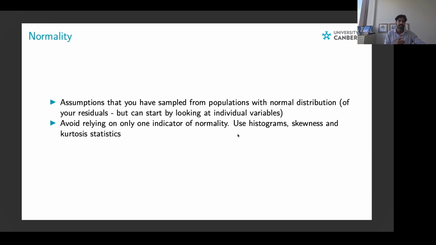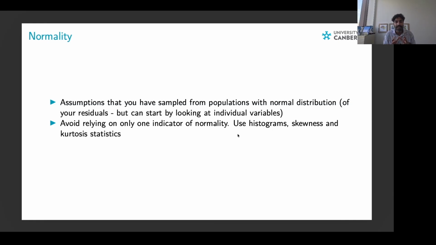Many people actually think that this assumption of normality relates to your individual variable, and if you have a variable that's skewed in your analyses, then you can't do correlation. Well, in fact, you need to run the analyses and check your residuals and see if they're normally distributed. So this assumption relates to the residuals, not the variables.